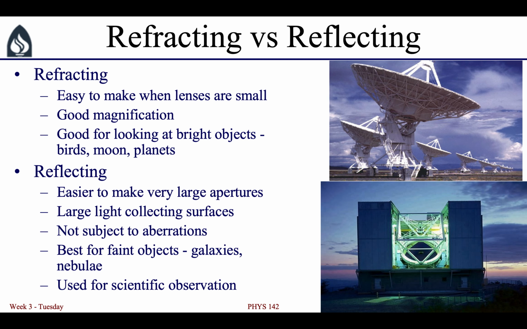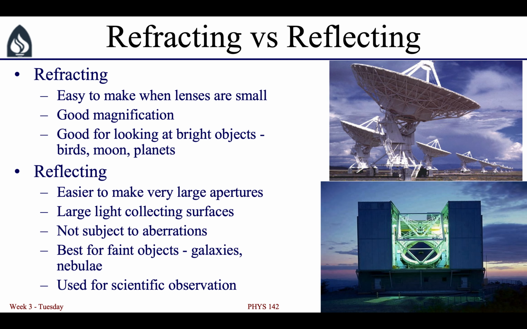If you want to look at very faint objects such as galaxies or nebulae, then you need to have a very large aperture to collect a lot of light. And it's way easier to make a very big mirror than it is to make a very big lens. A big lens is very heavy and hard to polish very precisely. So reflecting telescopes are good when you need a large light collecting surface.